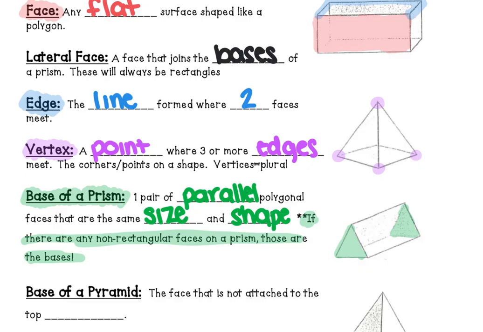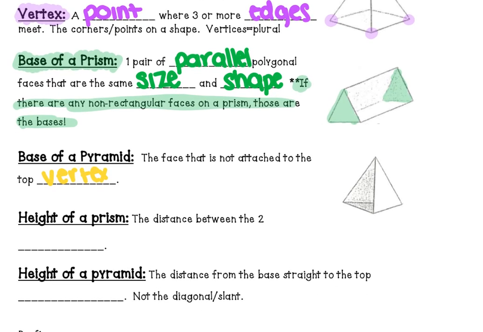All right, and then the base of a pyramid, so we're moving back to pyramids here. The base of a pyramid is the face that is not attached to the top vertex. What that means is that a pyramid comes to a top vertex, or a top point.